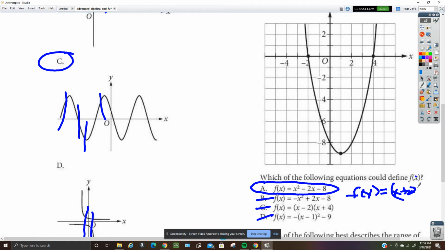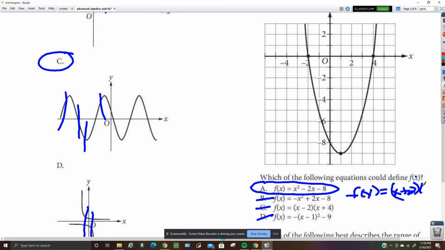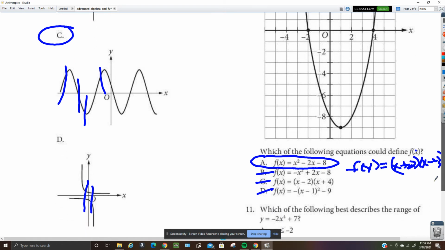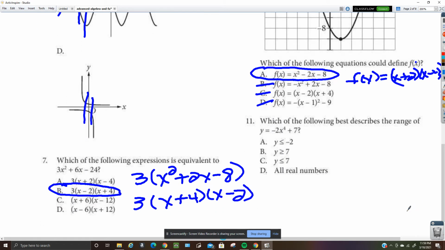Trying to write that a little bit neater. So x plus 2 times x minus 4. All right, this one, since this is even and that's negative, then if I plug a 0 in here, I get a 7.